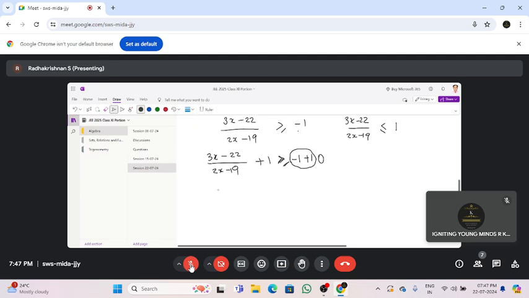Now we have to simplify this expression. That is a simple manipulation of fractions. 2x minus 19 we take as common. 3x minus 22 plus 2x minus 19.